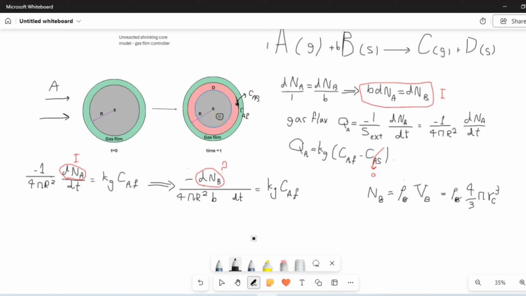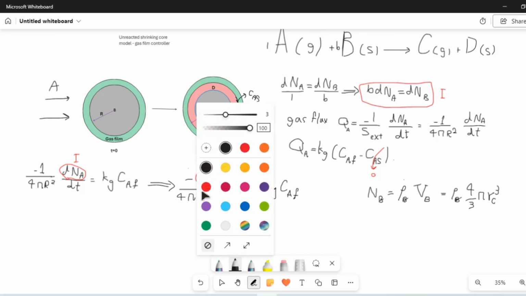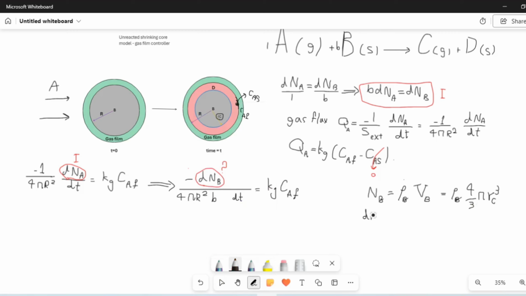Since we have NB in differential form in the flux equations, we need to take the differential form of that. So we write dNB is equal to rho B multiplied by 4 pi rc squared multiplied by drc.